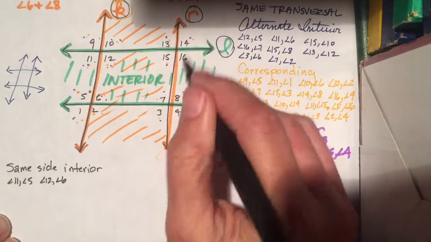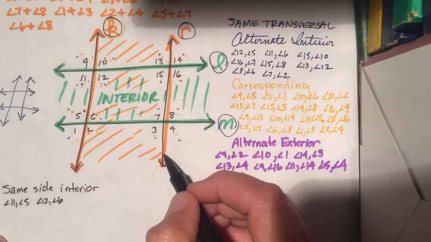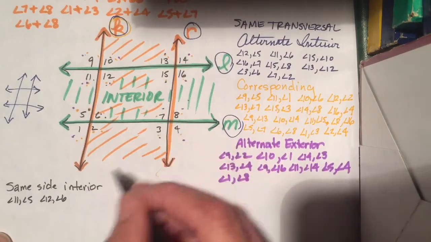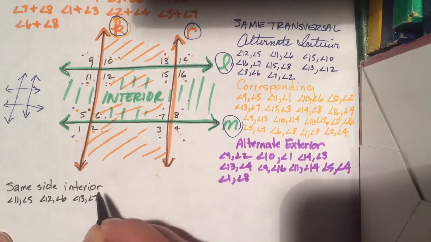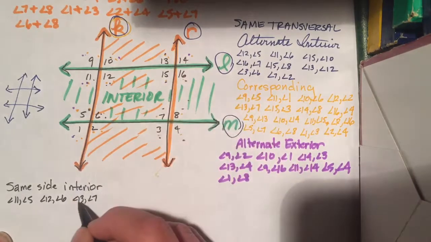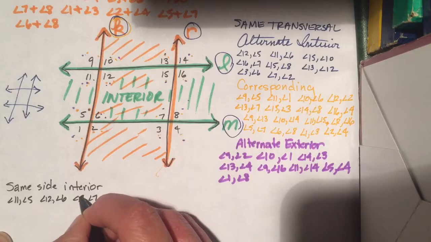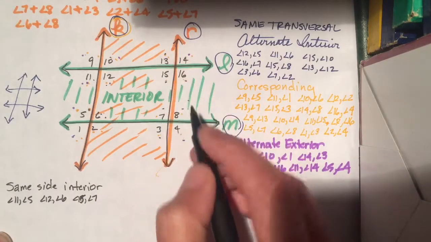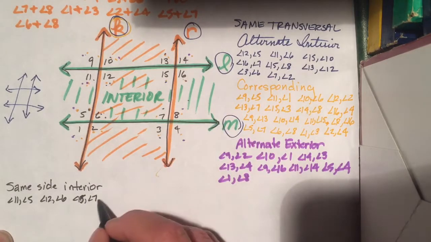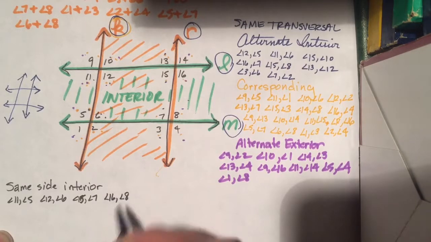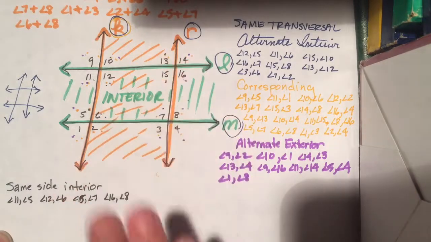And then if R were my transversal, 15 and 7, and 16 and 8. Sorry, not 13 and 7, 15 and 7, my bad. Just making sure you're paying attention. So those are the same side interior angles for those.